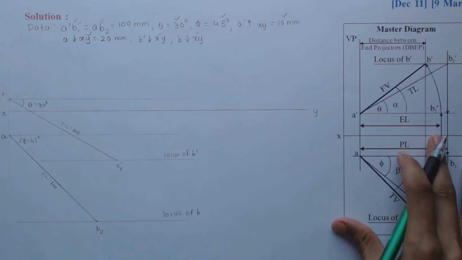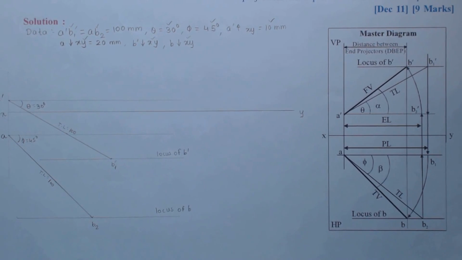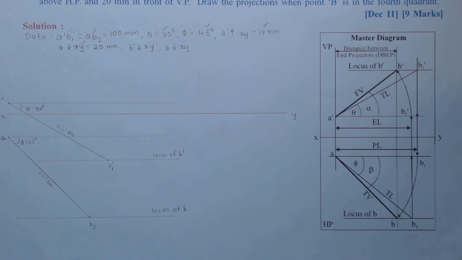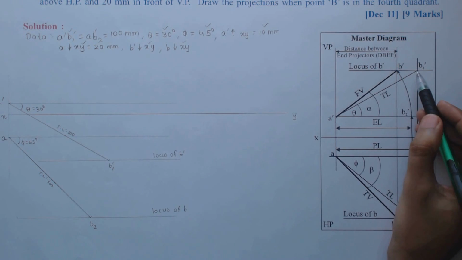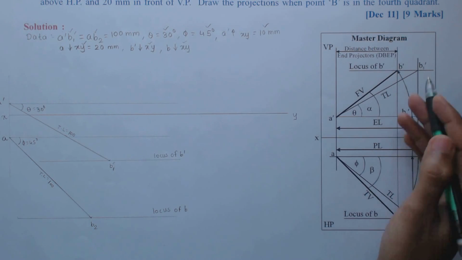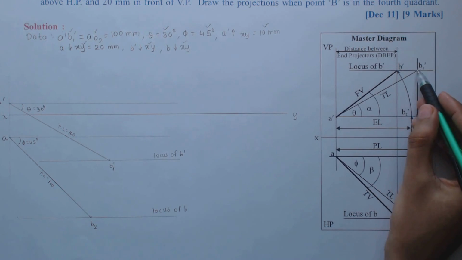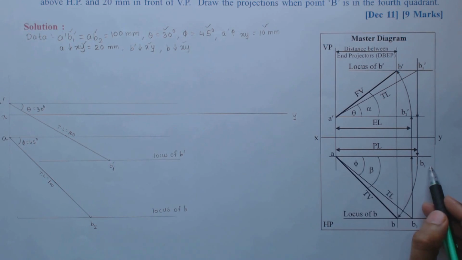Now using the master diagram, I need to complete the solution. Now no data is left, so I need to follow the procedure in the master diagram. As I know, from B1 dash, from the master diagram, I can drop a projector vertically, either upwards or downwards, up to the horizontal line passing through A to locate B1, and that AB1 will give me the plan length, which will be equal to the actual top view.